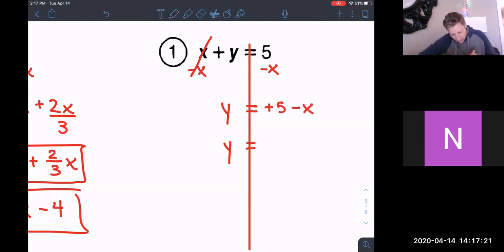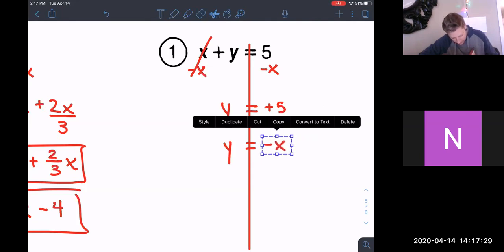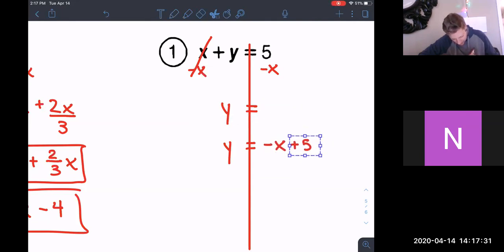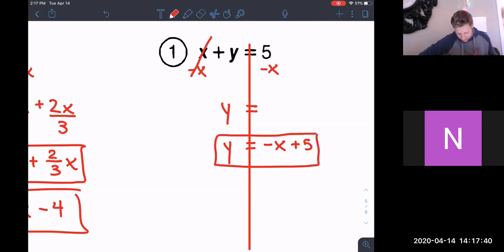If I want to put this term in front, I have to take its sign with it, and I'll put that in front, and then I'll put this in back. What is my real expression going to be? Negative x plus 5.